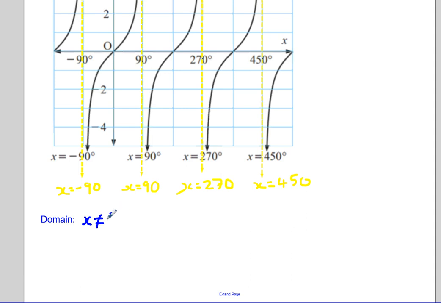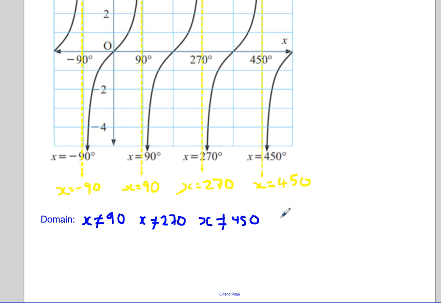x cannot equal 270, and so on, depending on what domain it's been applied over. In this particular graph, the domain also excludes 450. So x is not equal to 450. We also have the one back here for this particular graph.